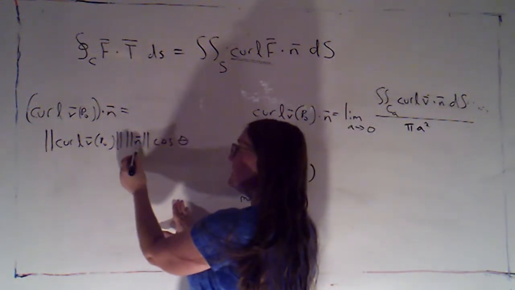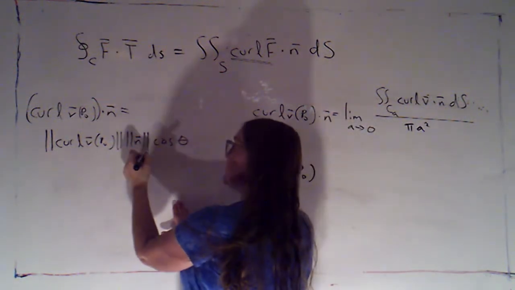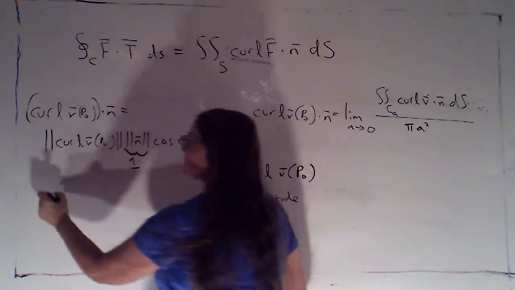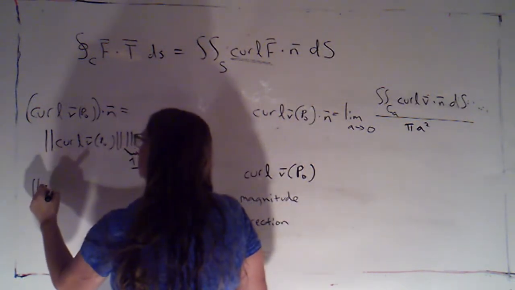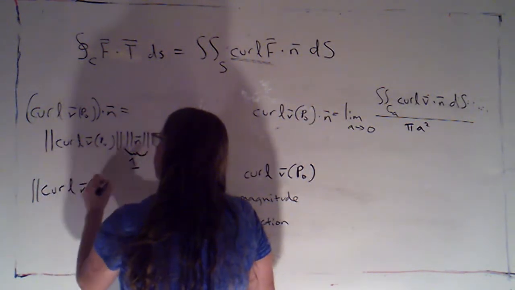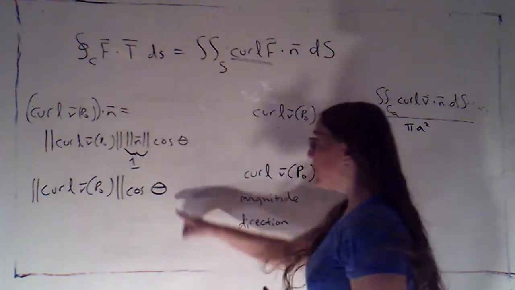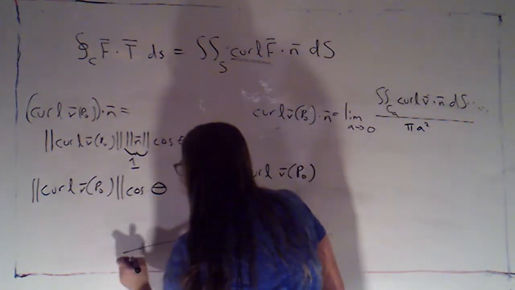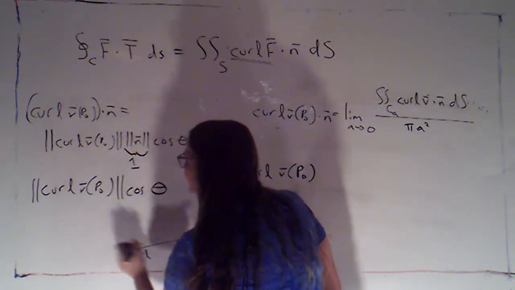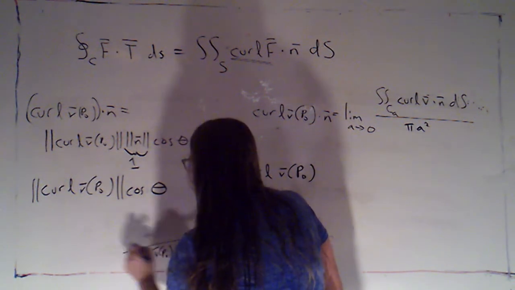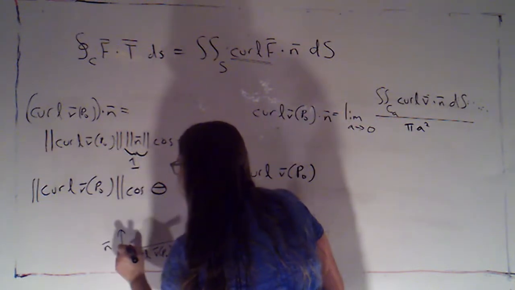Of course, n is a unit vector, so this is just 1. So this is going to give me the magnitude of curl of v at p naught times cosine of theta, where that's the angle between the curl of v at p naught and n.